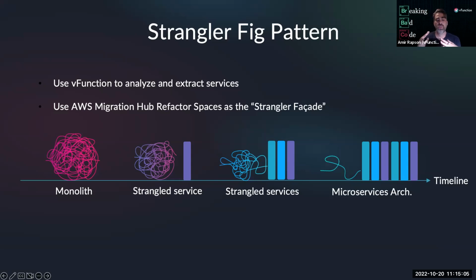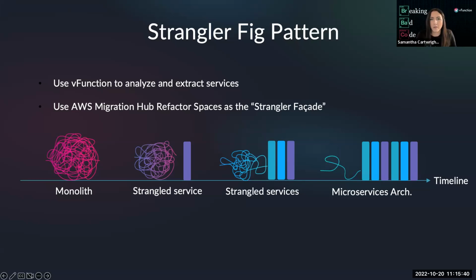You can do that gradually until that specific service is completely strangled and is not in the monolith anymore. By that, you're also reducing the size and complexity of the monolith. You do this in an iterative manner, extracting more and more services, until there's basically nothing left of the monolith, and you have a good number of microservices in your distributed application.